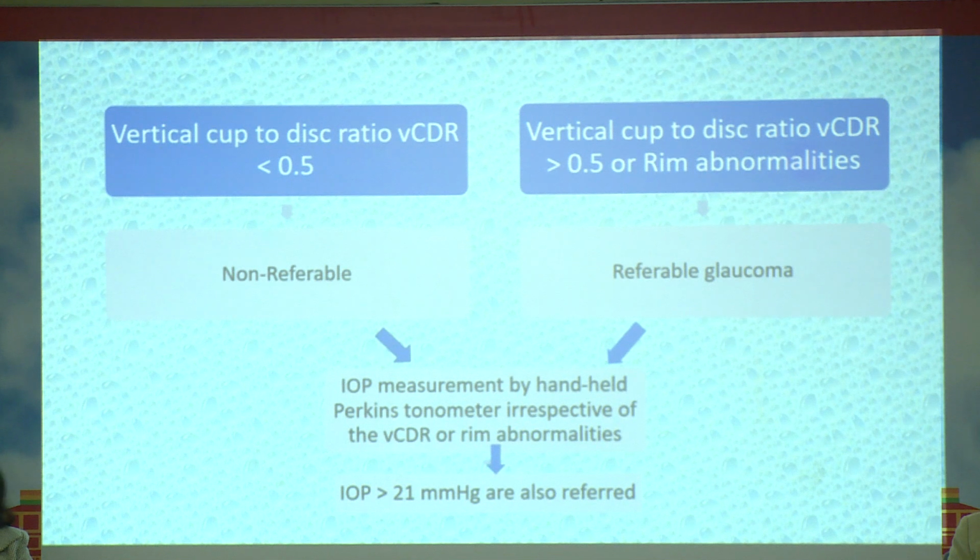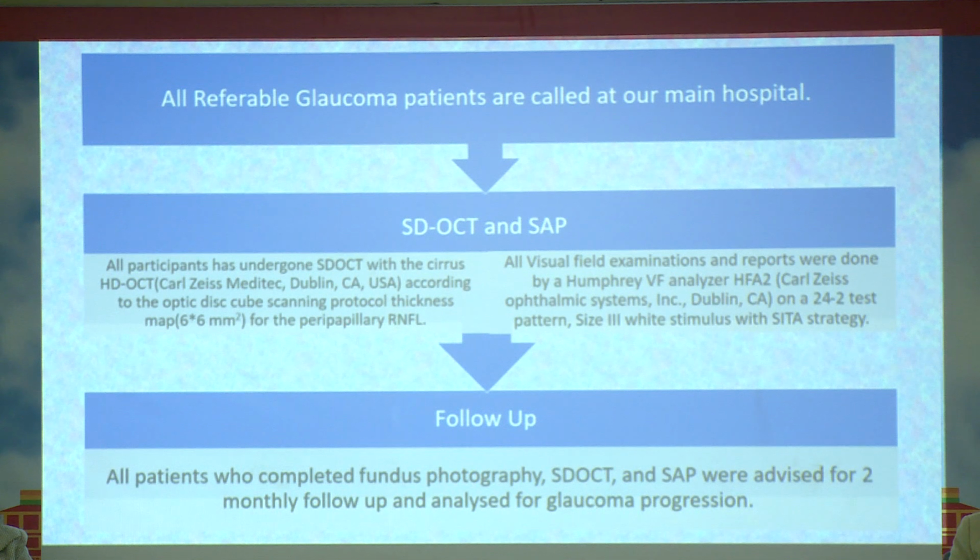If it is more, it is referable. Even an IOP of more than 21 millimeters of mercury is also referable. Now, at the base hospital, we go for higher diagnostic tests, and we can get the diagnosis of glaucoma with more precision.